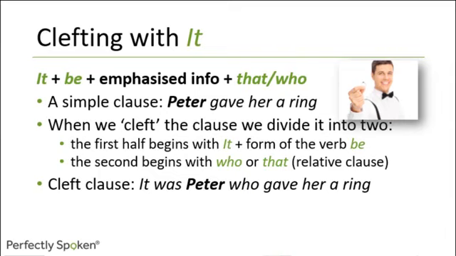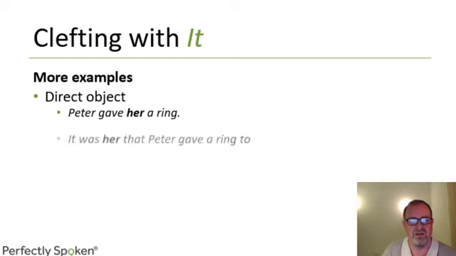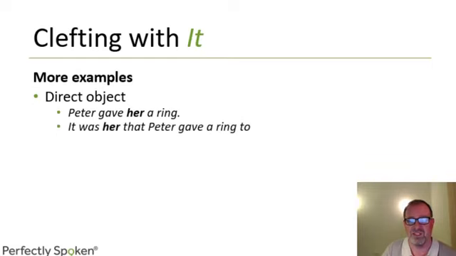Of course, we can emphasize other information, and here are some other examples. We can emphasize the direct object. In our first example again, Peter gave her a ring. Her is the direct object, the person who received the ring. So we could say it was her that Peter gave a ring to, as opposed to somebody else.